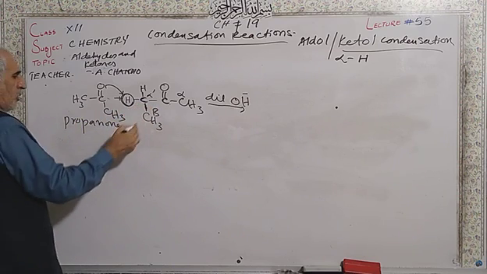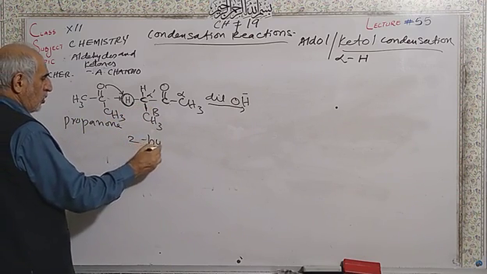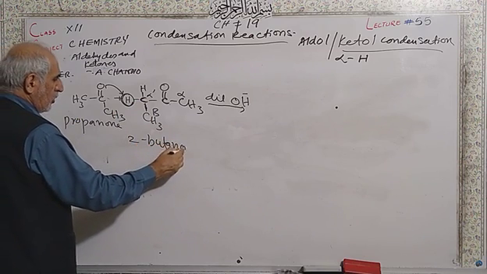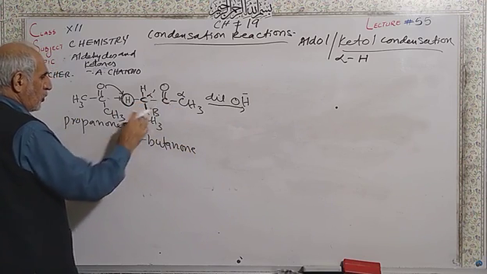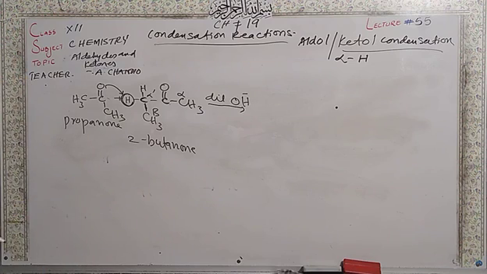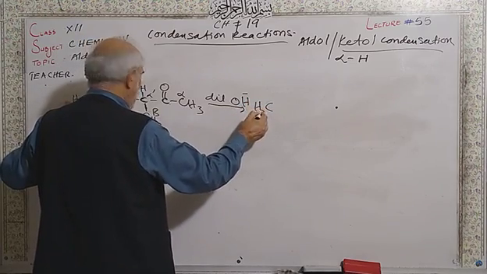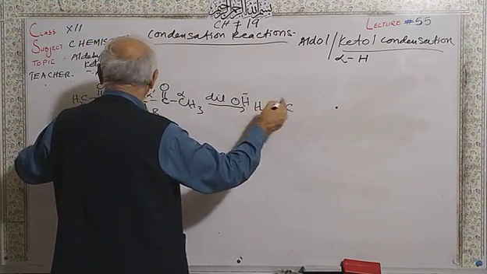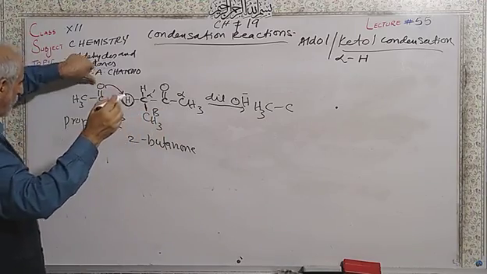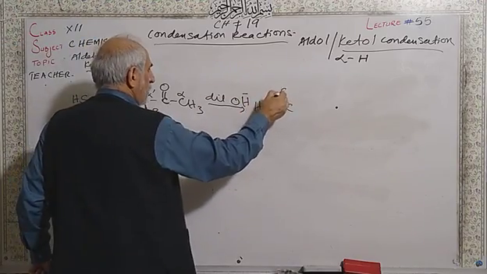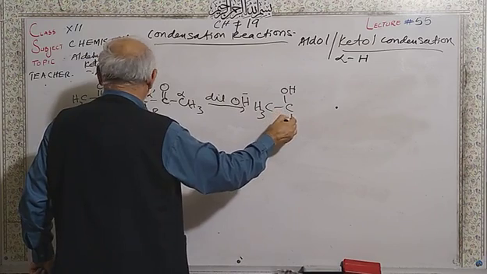This is butanone. 1, 2, 3, 4 carbon. 2-butanone. So this is the C, and this alpha carbon attached. Make OH.